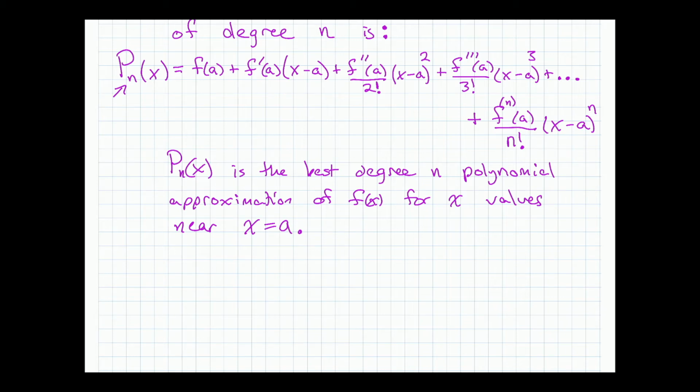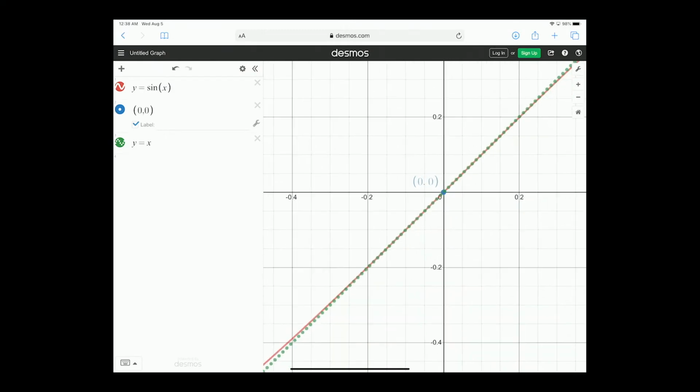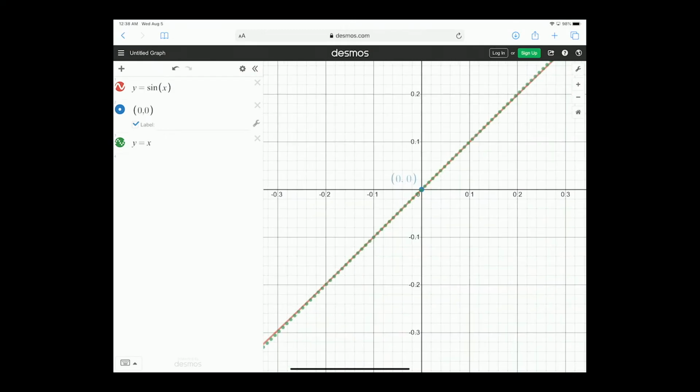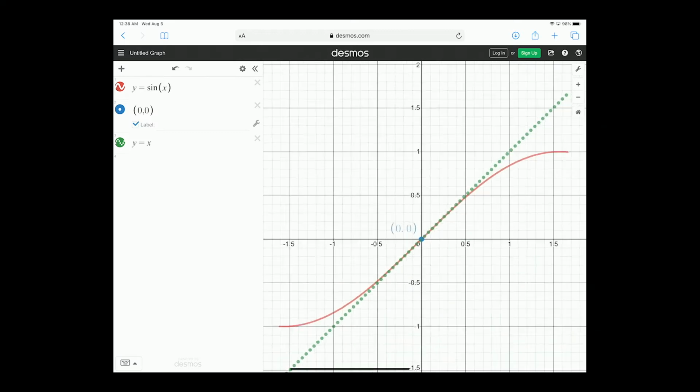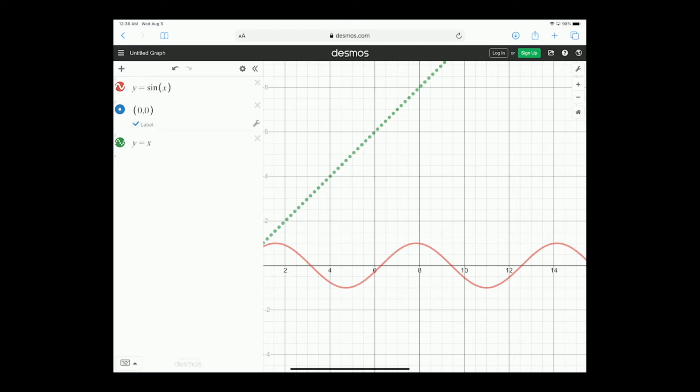Like if we go back to Desmos real quick and you say, okay, well, if you're zoomed in, those curves are very close together. But if you zoom out, those curves are very far apart. So over here at x equals 8, the functions are very far apart.